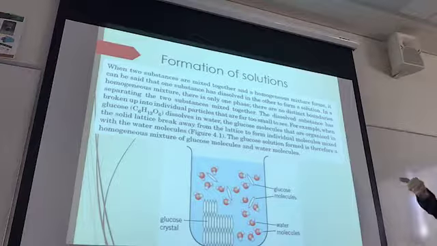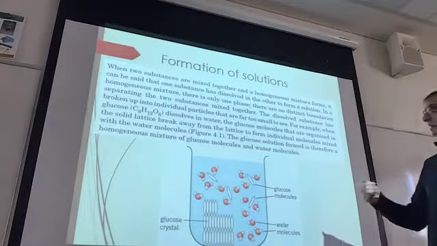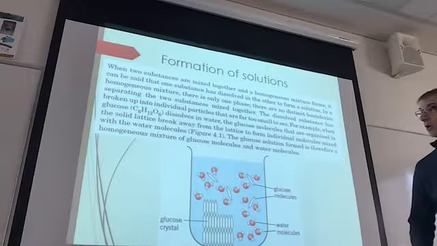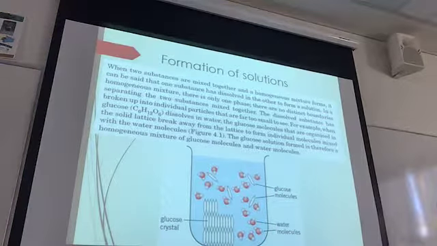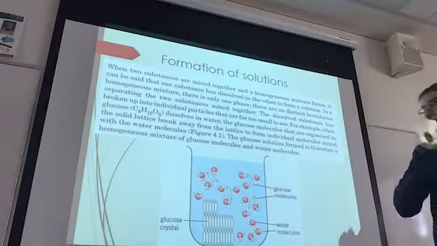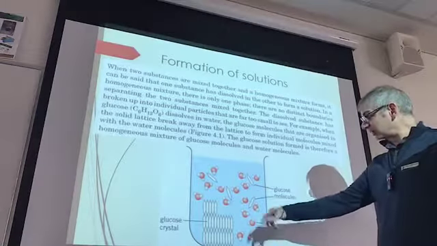So solutions are when we mix two substances together. A homogeneous mixture is the result, and one phase dissolves in another. So what you're doing is you're breaking the substance down into its molecular parts. In the case here, we've got glucose molecules and water molecules.